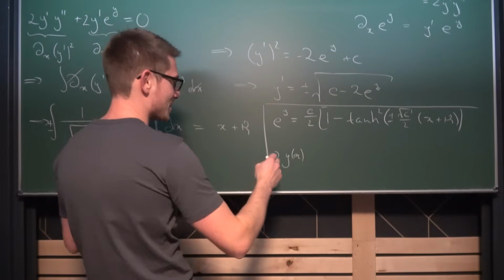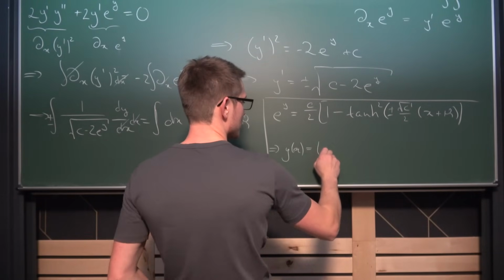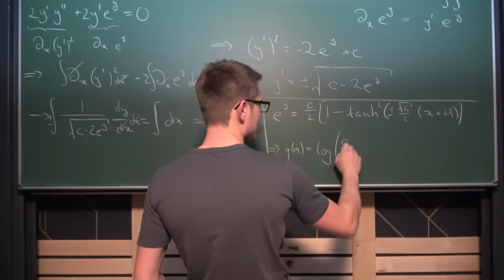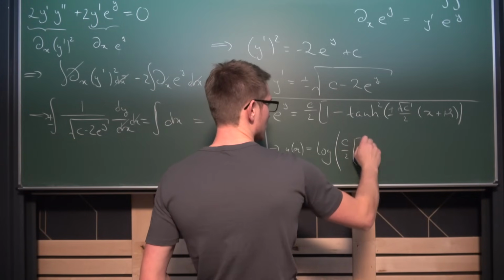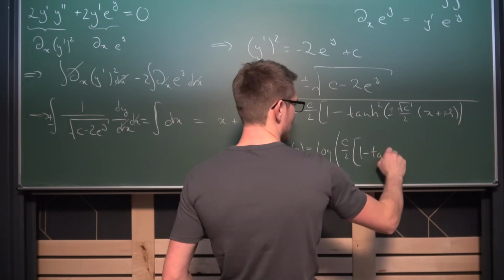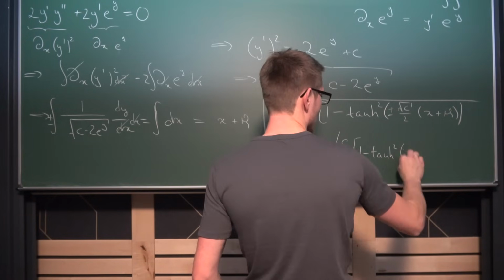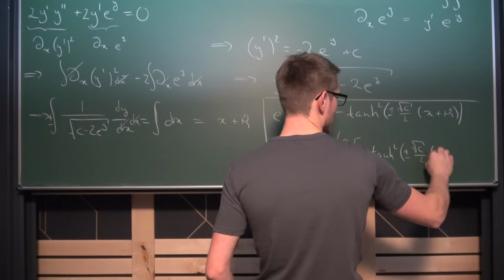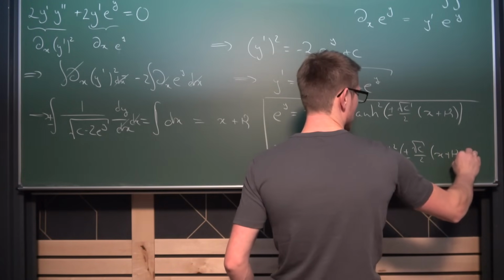We are going to get that y of x is equal to the natural log of c divided by 2 times 1 minus the hyperbolic tangent squared of plus minus the square root of c divided by 2 times x plus kappa.